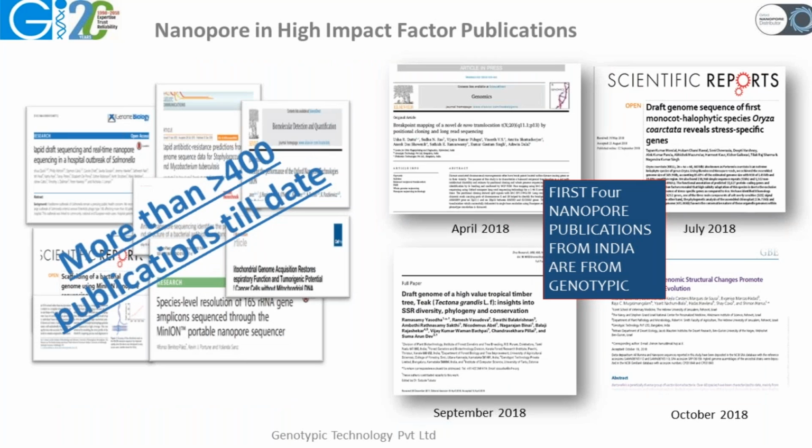Obviously, the next question you would be looking at is how many publications have come out. Till date, more than 400 publications are available, and many of them are in high impact journals like Nature and Science. From India, Genotypic has been instrumental in the first 4 publications that came out from India, one in a human study and the other 3 in plant studies.